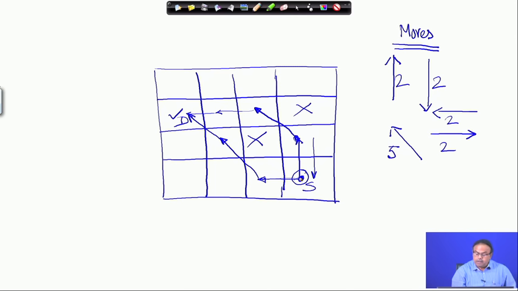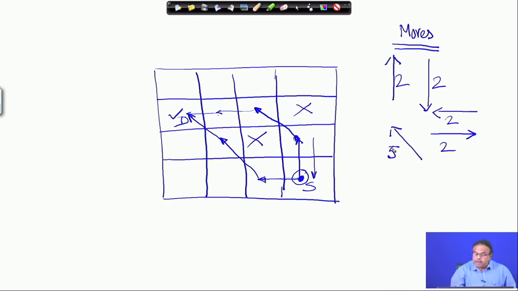Let us do it again: 2, because up is 2, 5 because diagonal is 5, 7, 8, 9, 10, 11. 11 units. If I had done it in this way: 2, 5, 7, and 5, 12. So, in that case this becomes costlier.